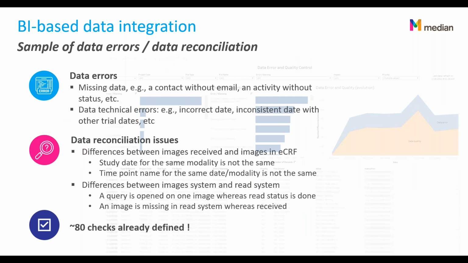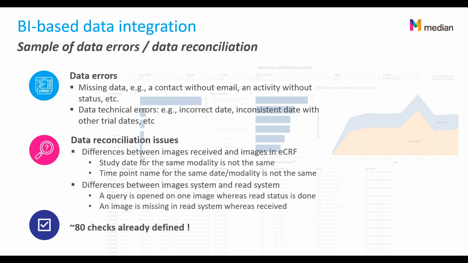So in detail, each time the data is cleaned and integrated, the system will identify some errors. We have a couple of samples here. For example, missing data, emails that are not emails, dates that are incorrect or not dates, etc. So very simple data errors. The system will also identify some data reconciliation issues. These ones are more difficult to identify, but quite valuable.